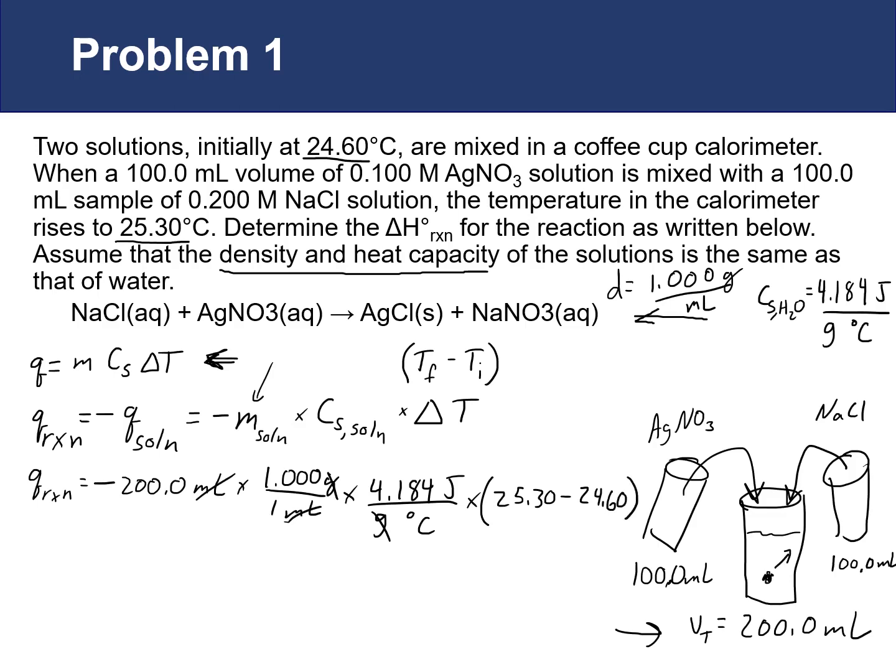Now, a word of caution, but clarification. Because we're talking about a change in temperature here, you can use Celsius or Kelvin. Depending on where you're looking online, you'll see some examples using Celsius, some using Kelvin.